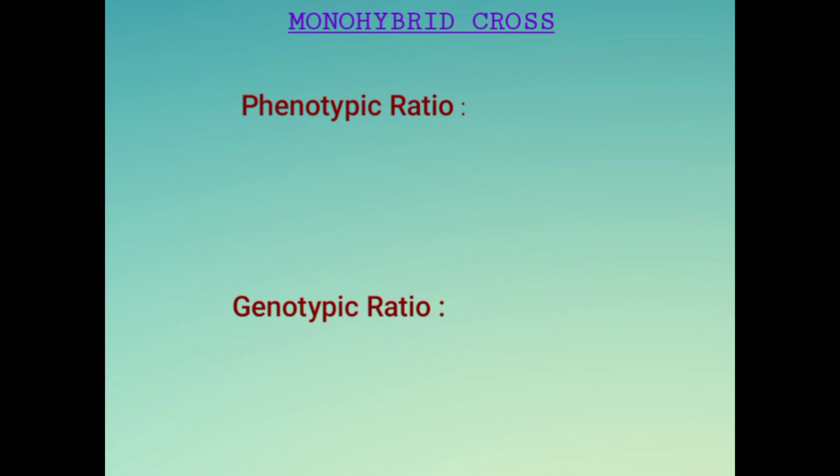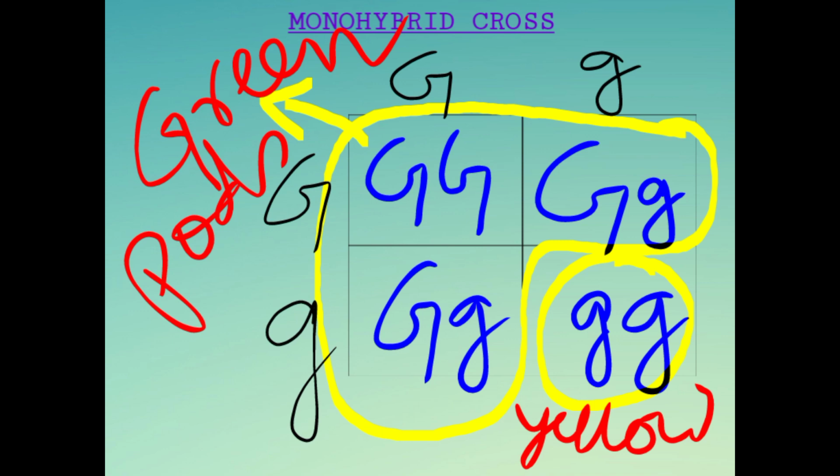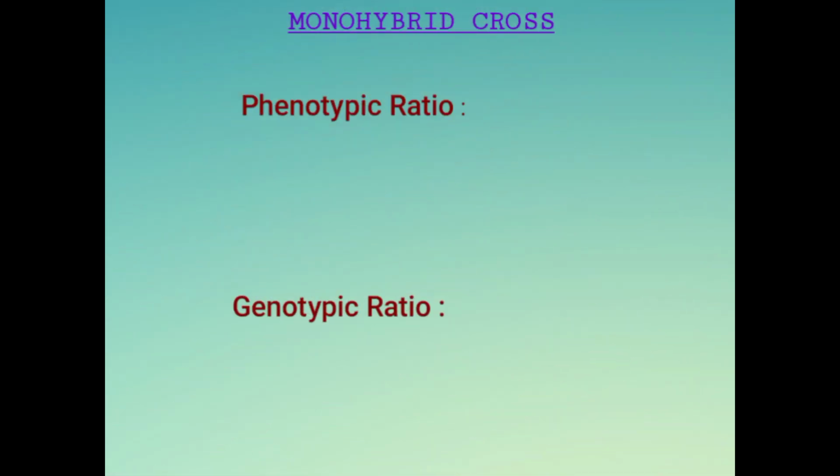Phenotypic ratio means the outer look, so here we are getting 3 and here it is 1. So the phenotypic ratio is 3:1.